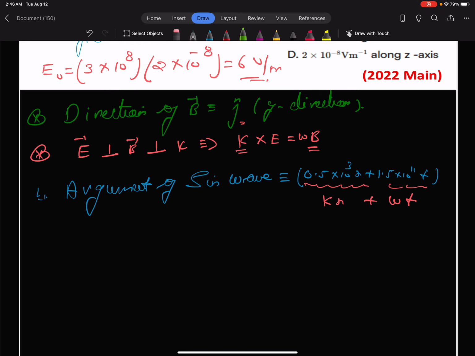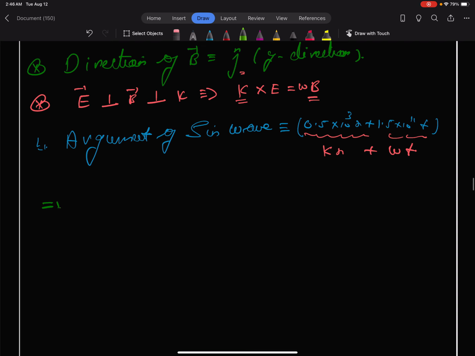Therefore we can write that the wave is traveling in the negative x direction. Because the standard format for comparison is kx minus omega t.